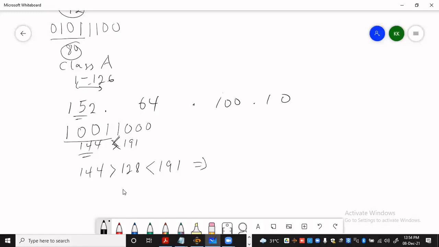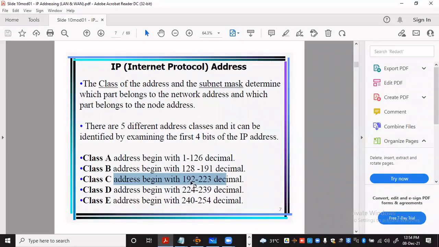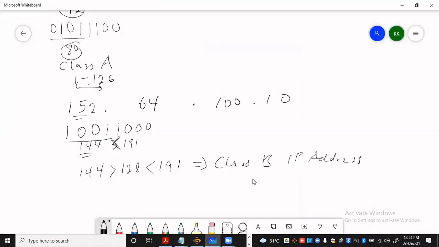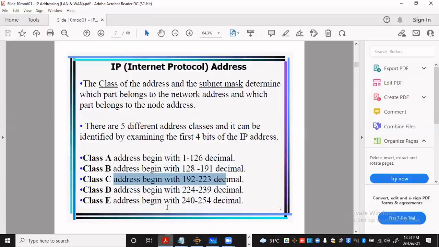So hence, it's a class B IP address, based on 128 to 191. That's the way it works out in terms of how you determine the various classes of IP address that we have.